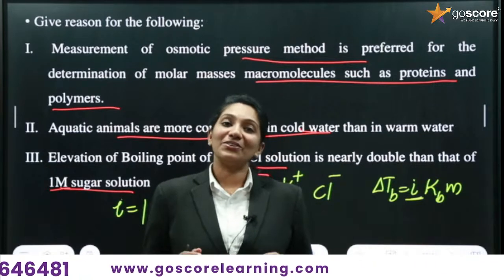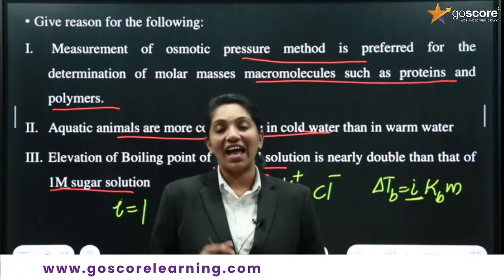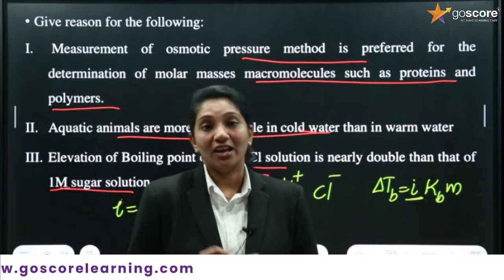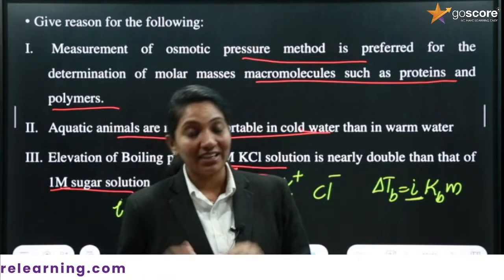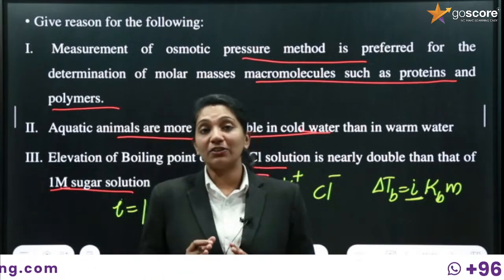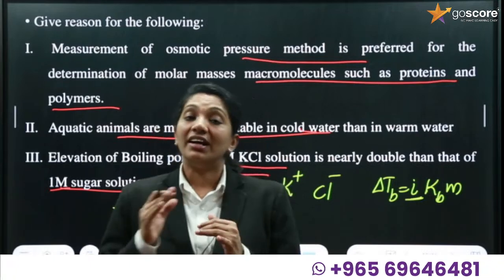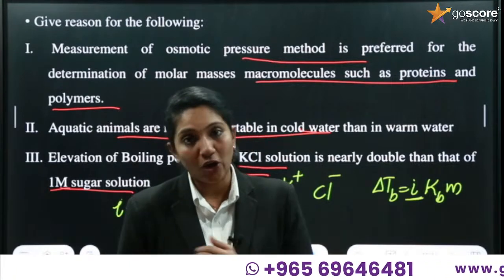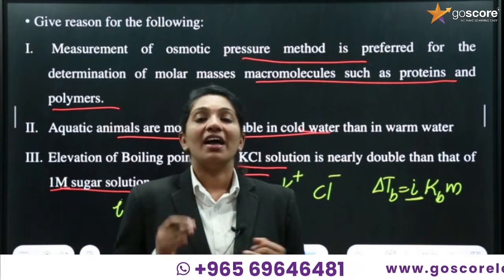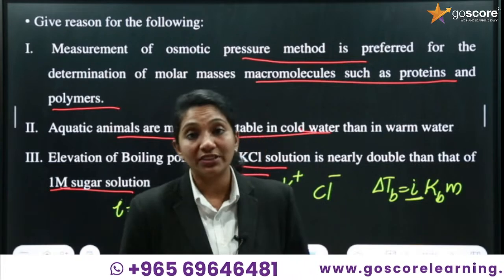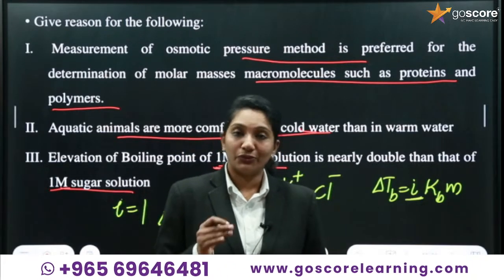So, with this question, I am winding up the session and we have completed the solution chapter entirely. In this particular chapter, over these 4 parts of the video, we have discussed the different methods of expressing the concentration of solution, and in the next part we discussed Henry's law and Raoult's law.